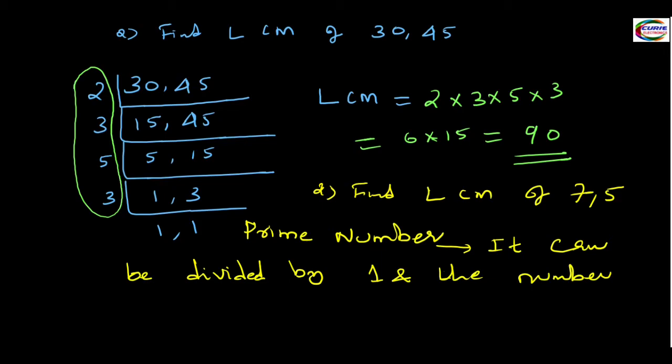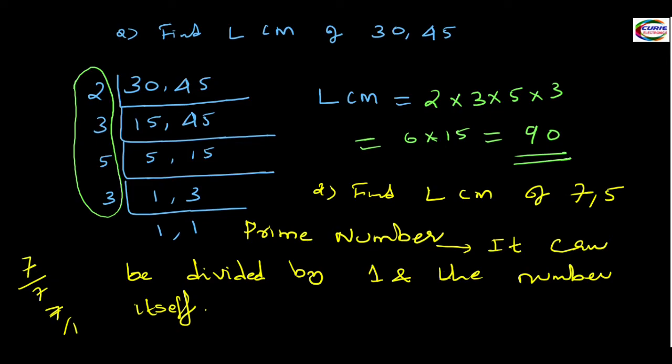That is what is meant by a prime number. See here, 7 can be divided by 7, or 7 can be divided by 1. That is how this becomes a prime number.